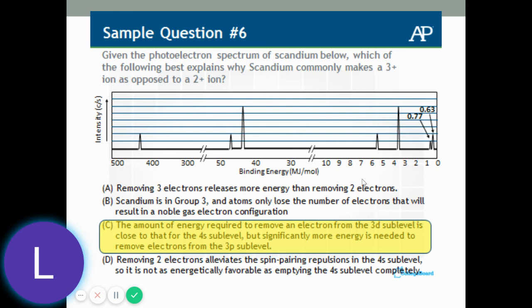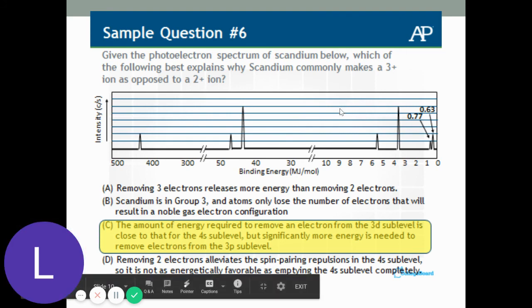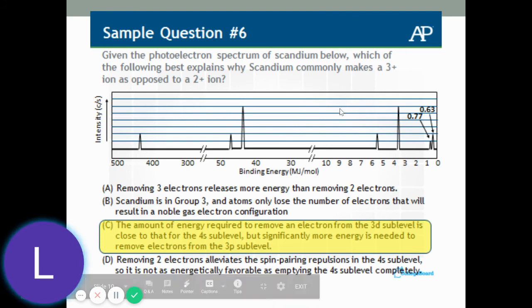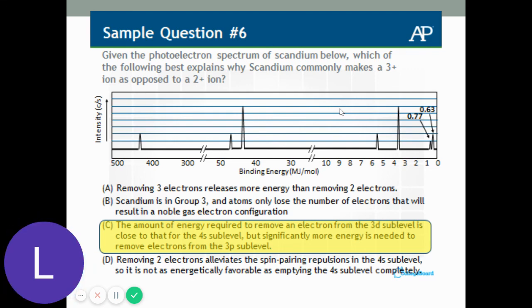It's a helpful fact, but nothing about this helps with that. And then D says removing 2 electrons alleviates the spin pairing repulsions in the 4s sublevel. So it's not energetically favorable. And if it's alleviating repulsions, that seems like it would be favorable. Either way, spin issues have nothing to do with photoelectron spectroscopy.